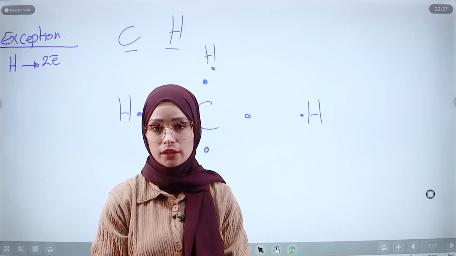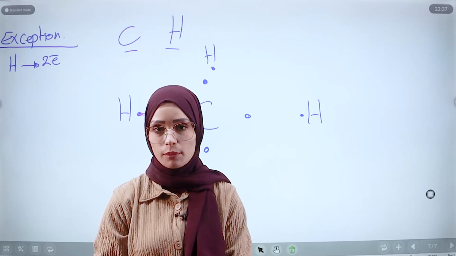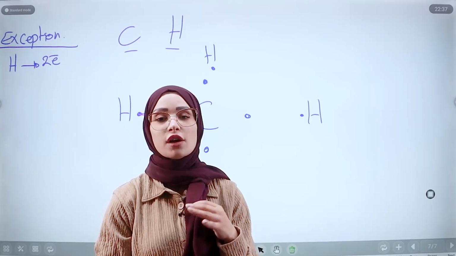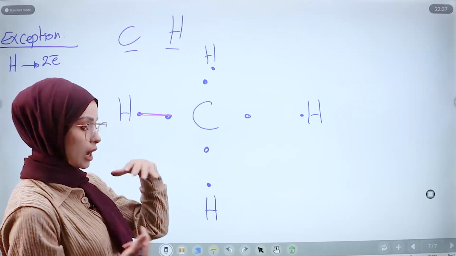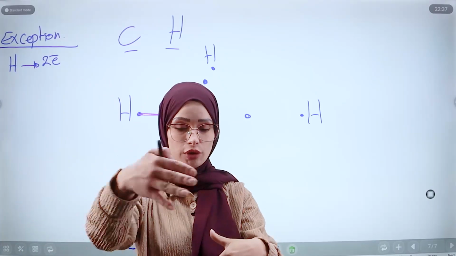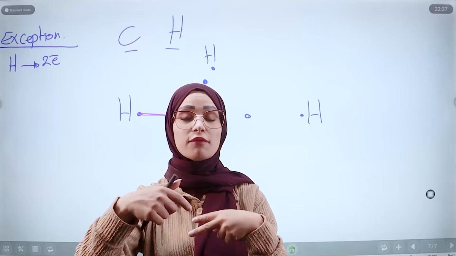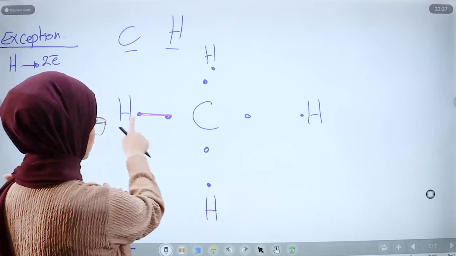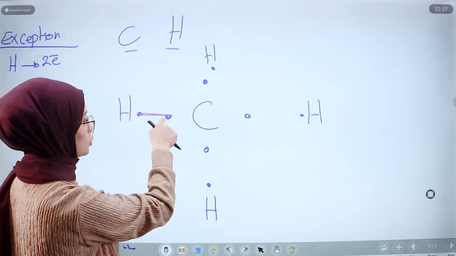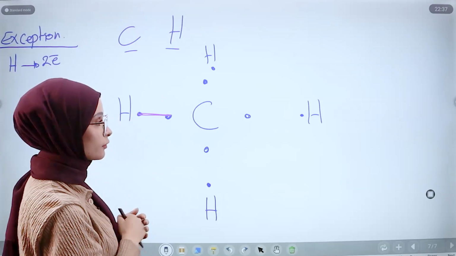I would not be octet. Okay, let's solve the problem. Me and you are going to share these electrons. I will put my electron in the middle. You will put your electron in the middle, and these 2 electrons are for both of us. These 2 electrons for the hydrogen, and at the same time these 2 electrons for the carbon.